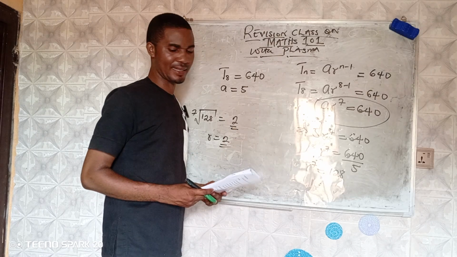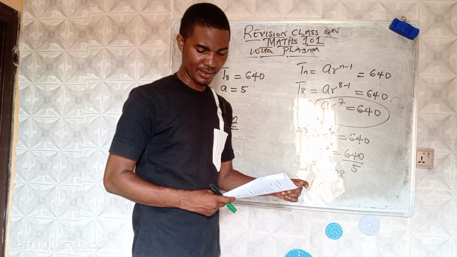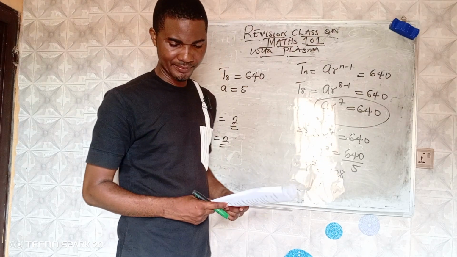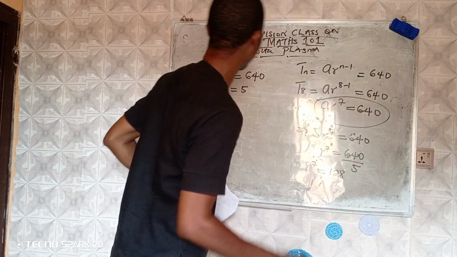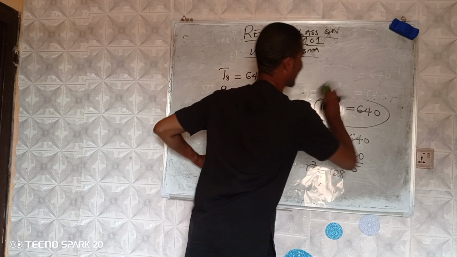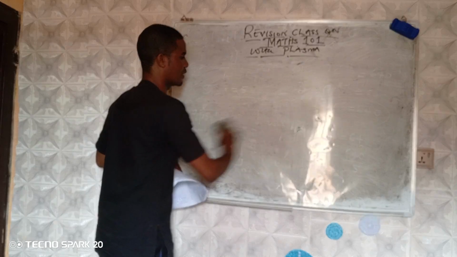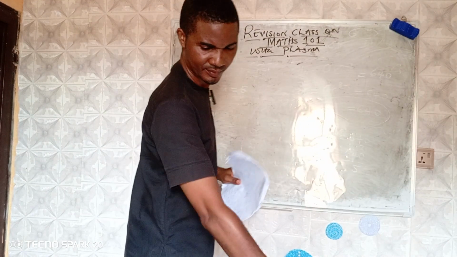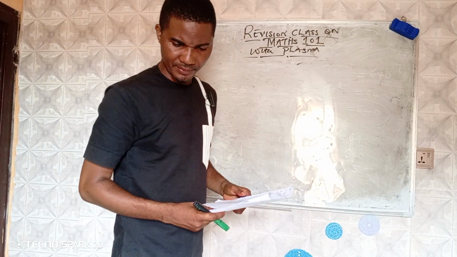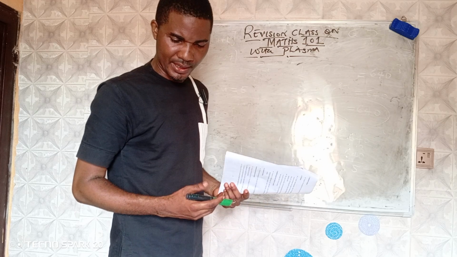So I believe this example is clear. Let's see one example for the sum of a GP.